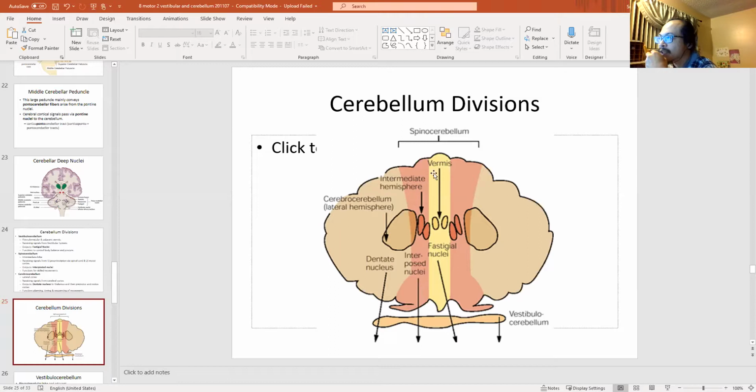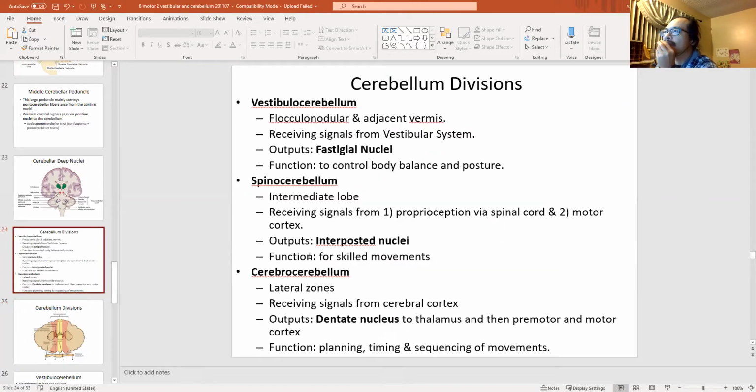Right here, part of the vermis and part of the intermediate hemisphere is what is called the spinal cerebellum. And the most lateral one is called the cerebral cerebellum. So each one has its own zone or region. They have their designated input and their designated output. So let's go through this one.